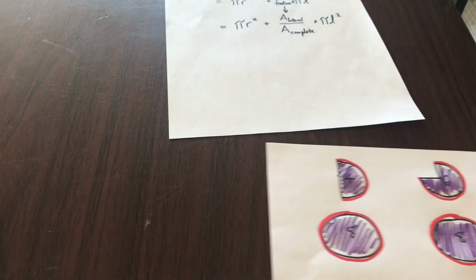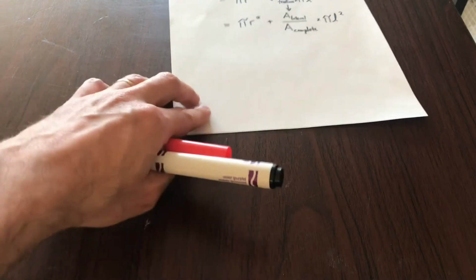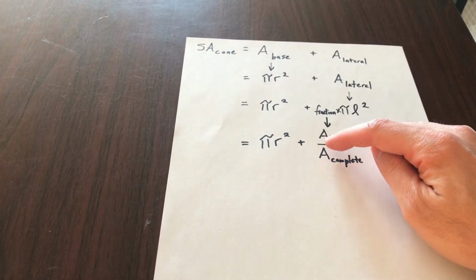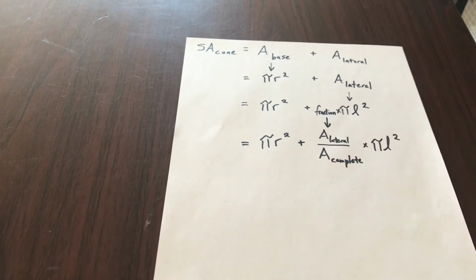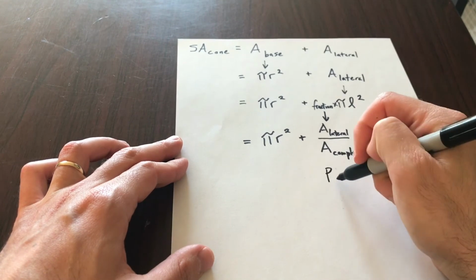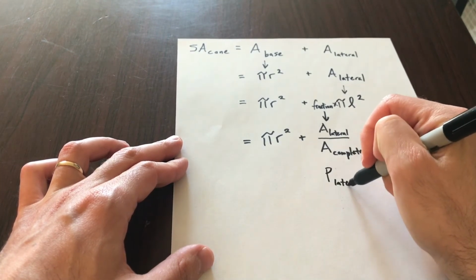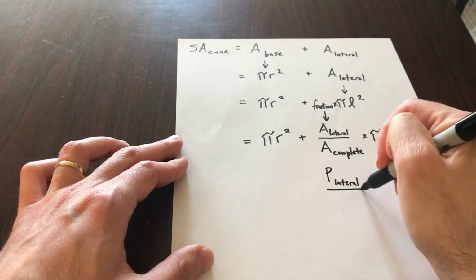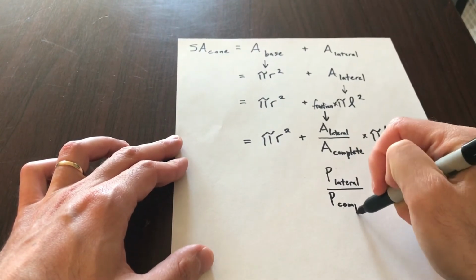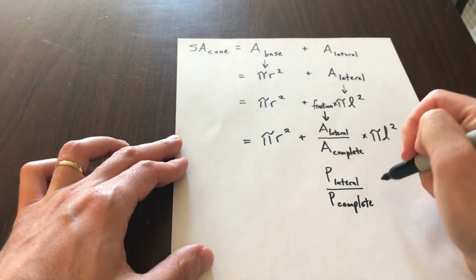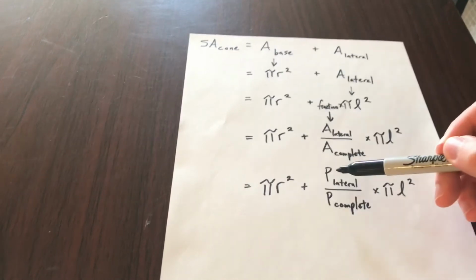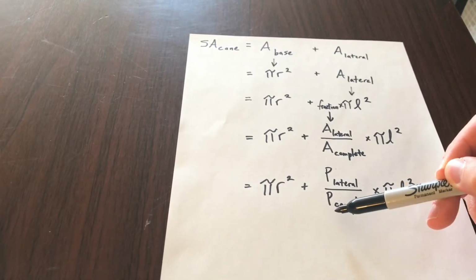So we can go back to our equation and replace areas, A, with perimeters, P. Now we just have two perimeters to figure out, and then we're done.